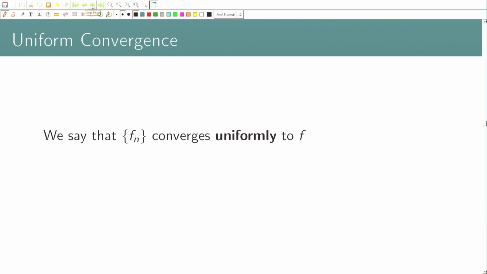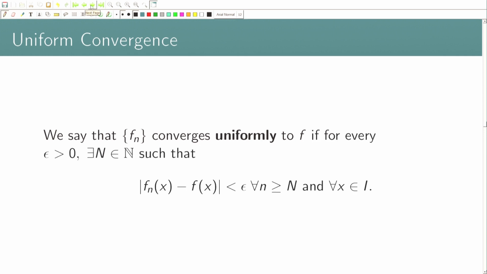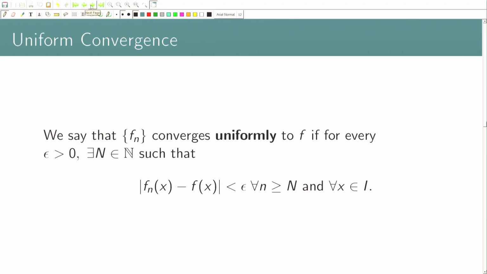Uniform convergence is that for a given epsilon, we were finding an n sub 0 which depended on x for each fixed x, but here we will get one n uniformly for all x belonging to I. If we manage to get such an n, then we can say that f n x converges to f of x uniformly.